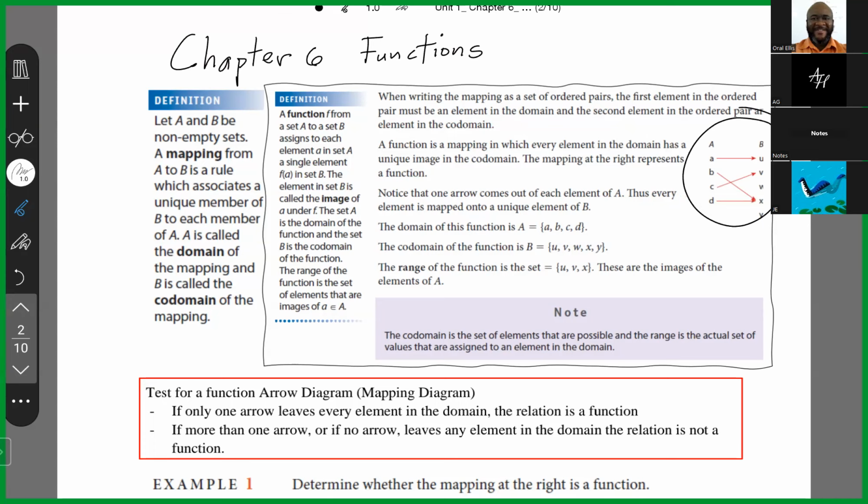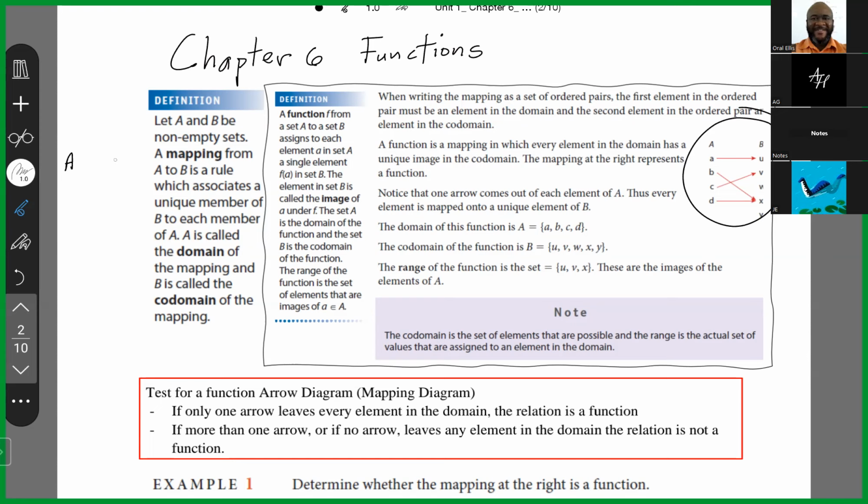So a mapping is a rule. Maybe that's not the perfect example. It's some rule which associates a unique member of B to each member of A. In the past, I think that's what we just said a relation is. So let us assume that a relation is a mapping. In this relation, you have two groups, let us say, of numbers.